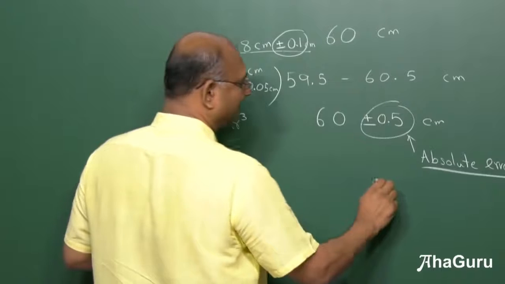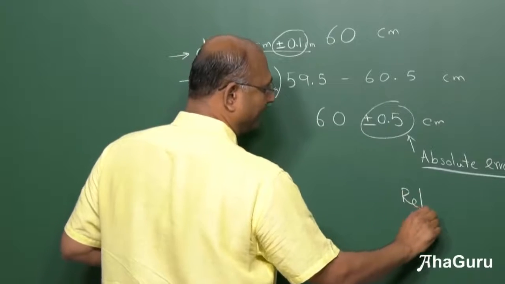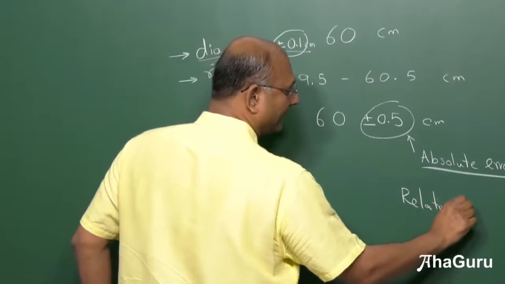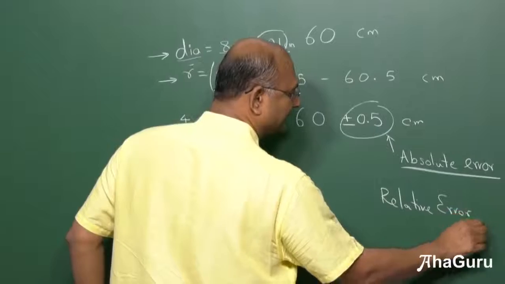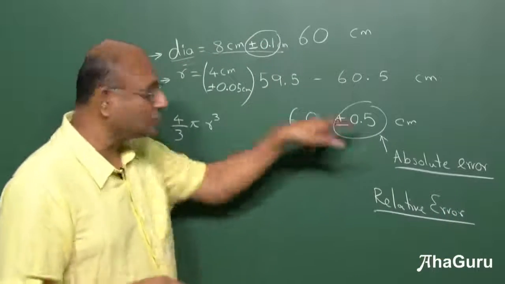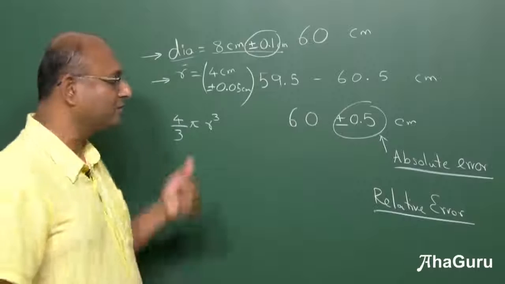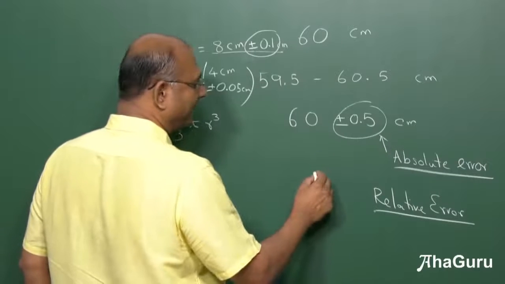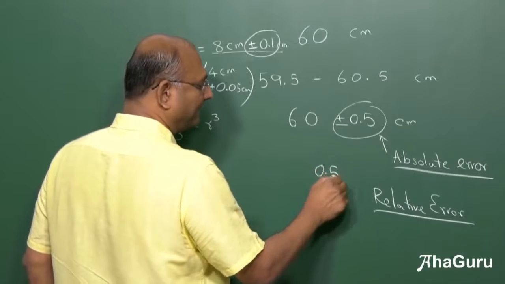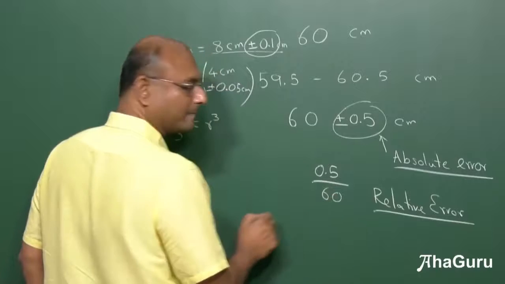Relative error, so for example, if I look at what is the meaning of relative error. Now relative error is not the actual error, but error relative to the measurement quantity. So for example, here the relative error will be 0.5 divided by 60.